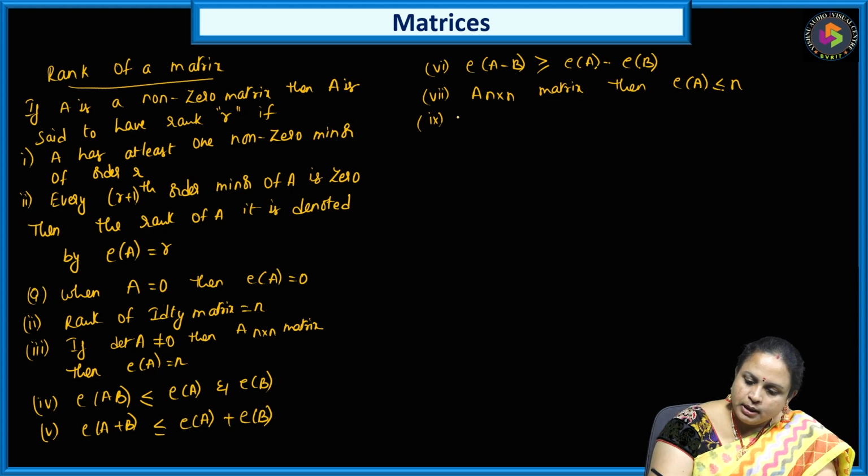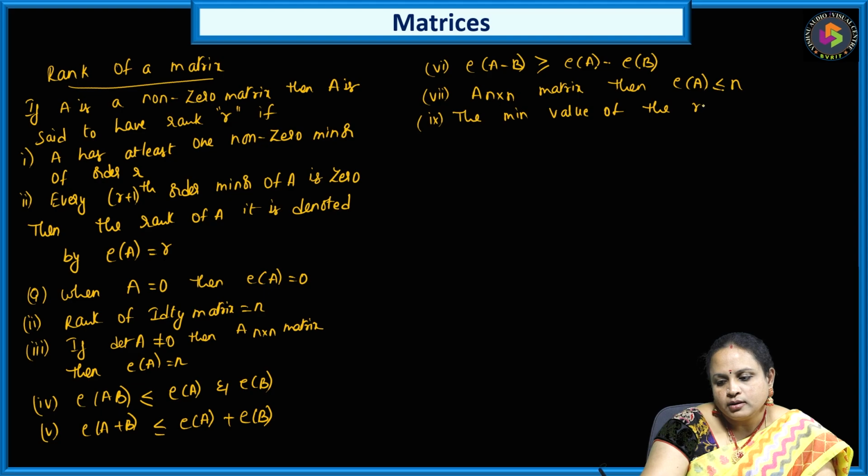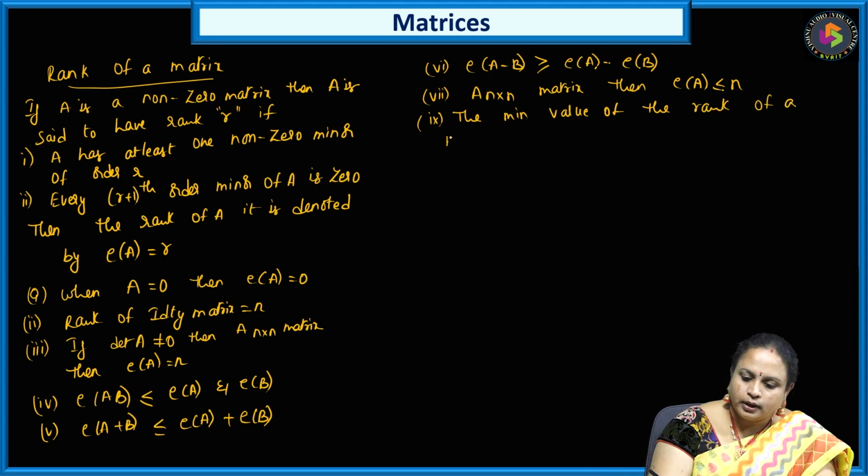Then the minimum value of the rank of a non-zero matrix is 1. If A is a non-zero matrix, then its minimum value of the rank will be 1.